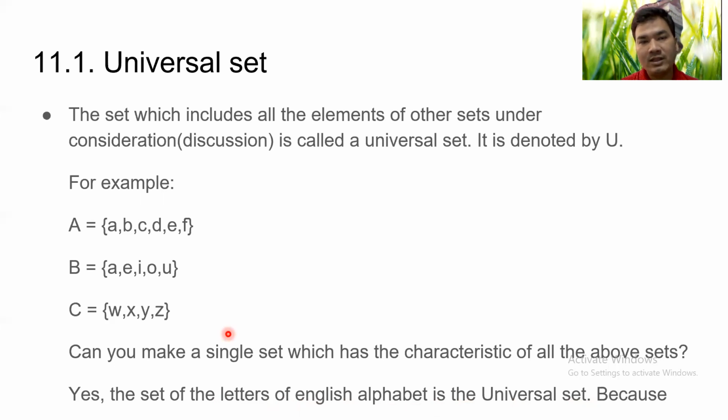That A to Z contains all the elements of set A, set B, and set C. That's why that is known as universal.